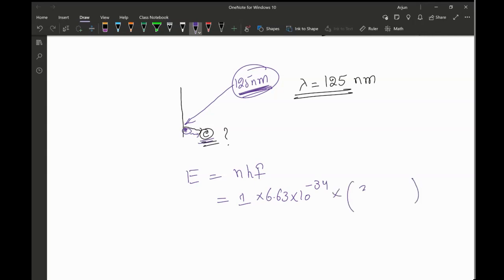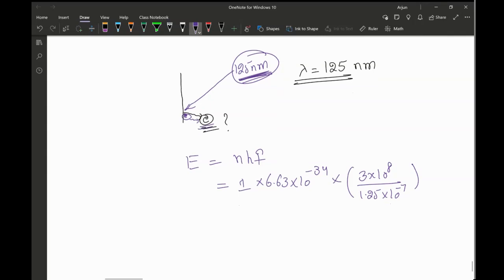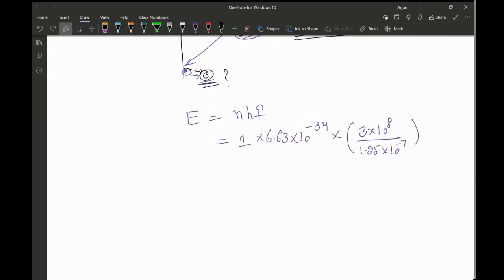Frequency we can calculate: 3 times 10 raised to the power 8 divided by 1.25 times 10 raised to the power negative 7. If I do this calculation, that value will be 1.59 times 10 raised to the power negative 18 joules.